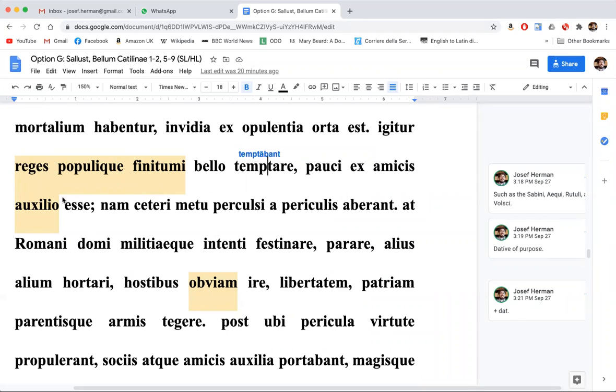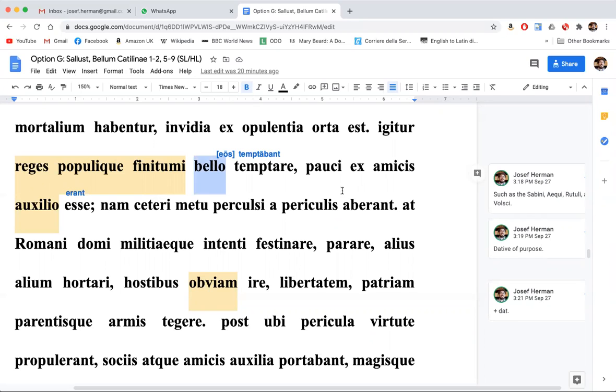And similarly with esse here, imagine instead of esse, it's erant. And then we're also missing an object, so we have to supply a word like eos as well. So neighboring kings and peoples were testing them, temptabant eos, in war, bello, ablative case.